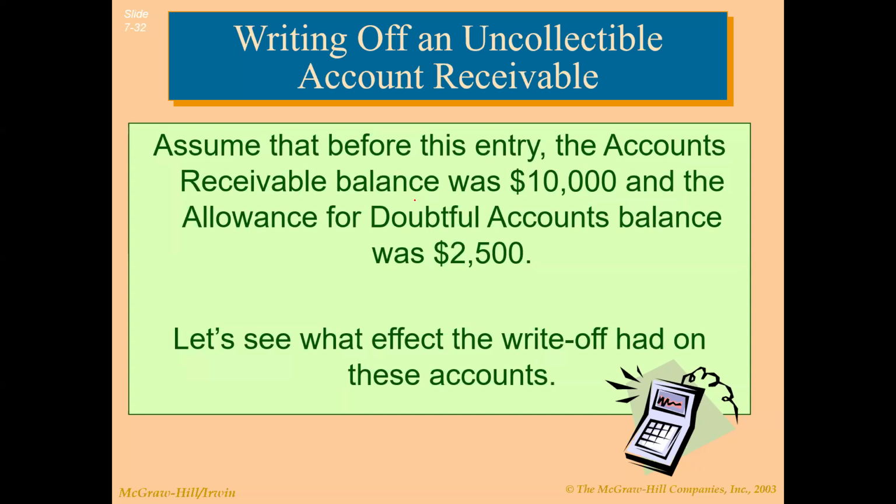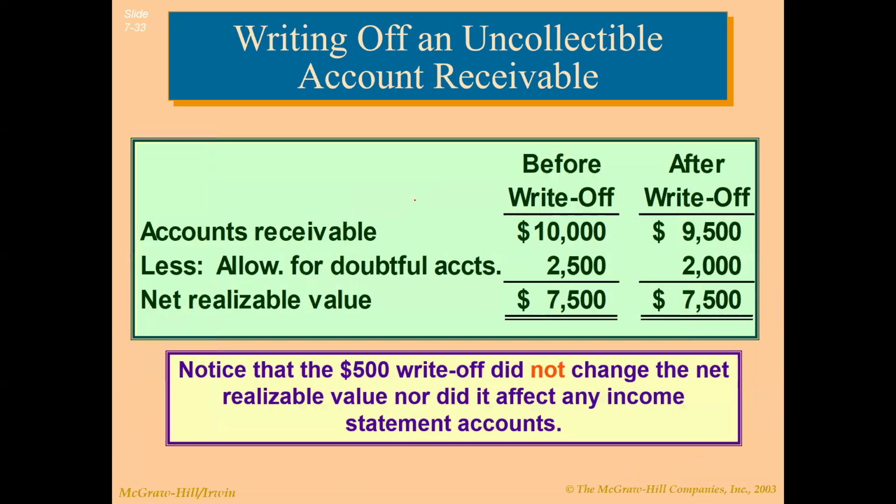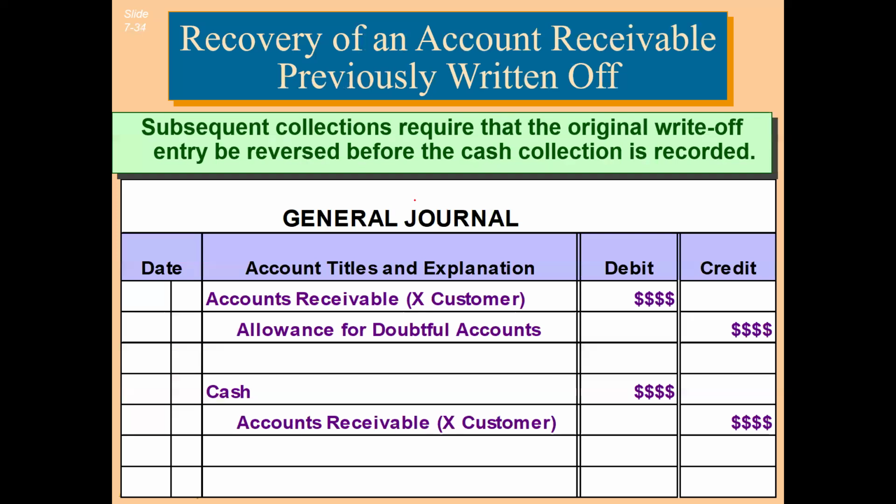Here is an explanation: assume before this entry, accounts receivable balance was 10,000 and the allowance for doubtful accounts was... I'm sorry, it is again about this entry. Now the entry that I was discussing is basically the recovery of a previously written off account. So here we basically make two journal entries.